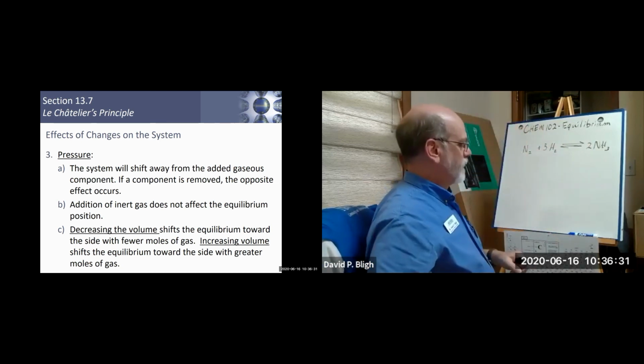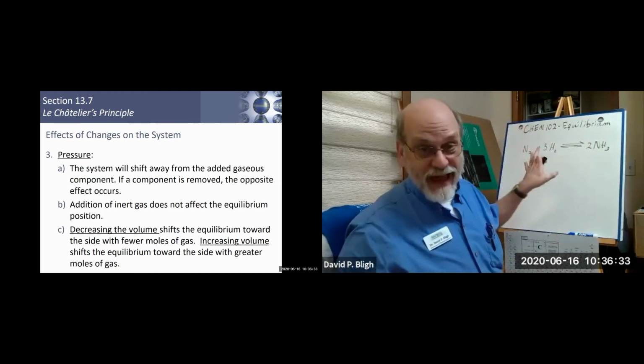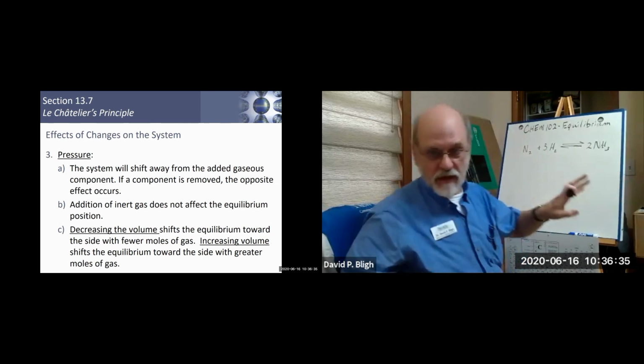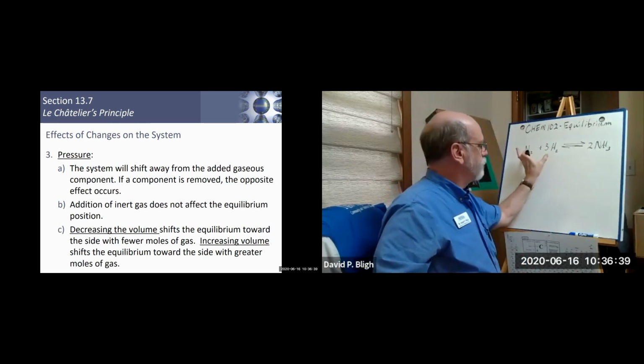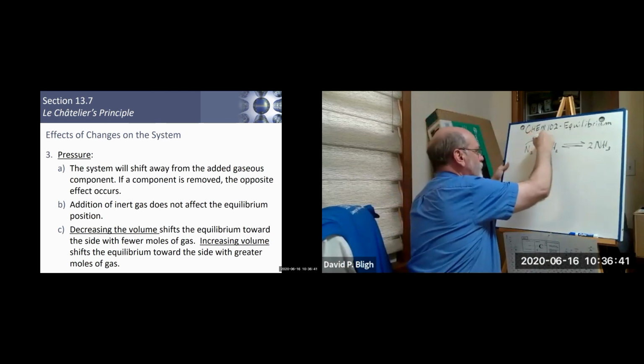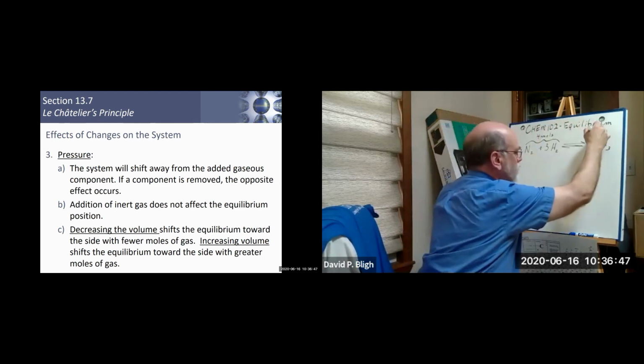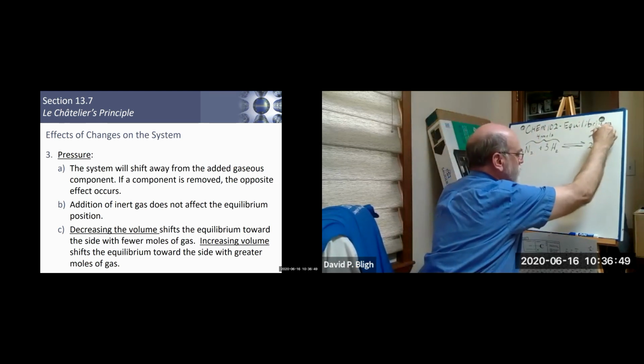Right. So now that it's balanced, we know that 4 moles on this side of gas produce 2 moles on this side.